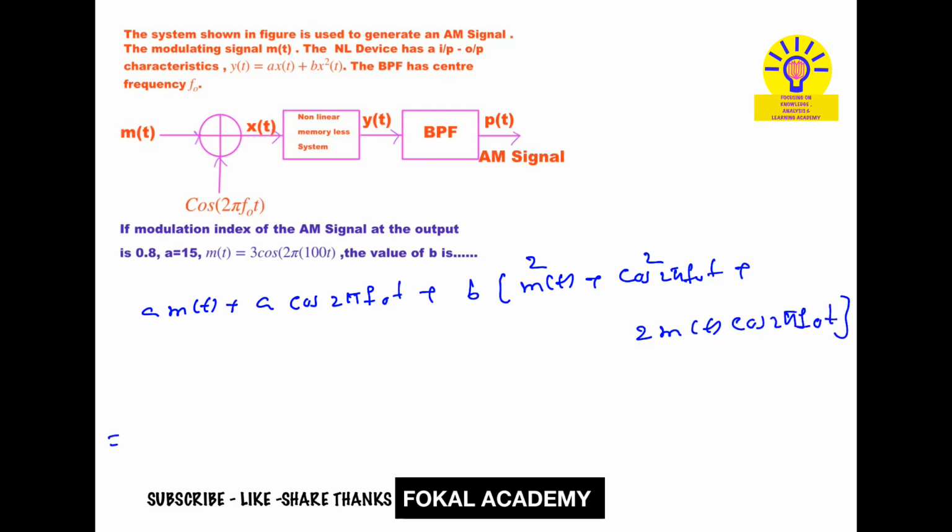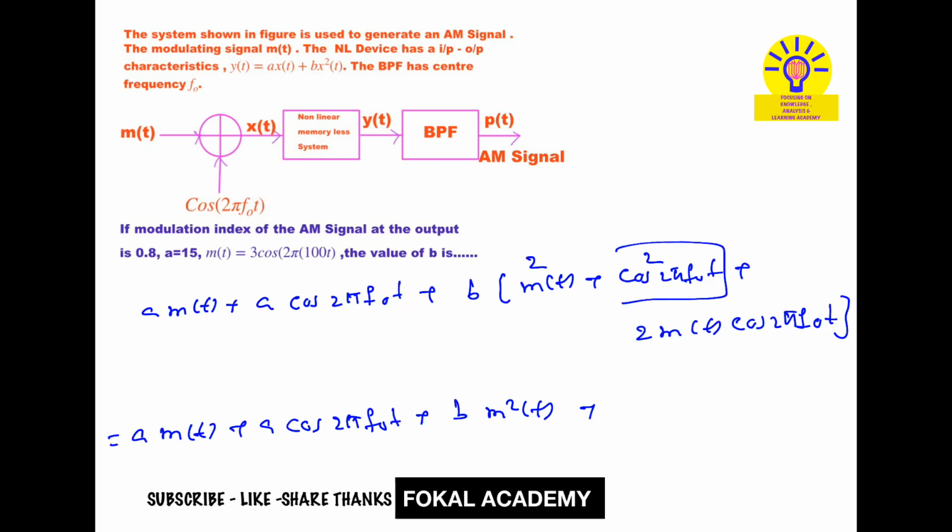Simplifying further, we get a·m(t) + a·cos(2πf₀t) + b·m²(t) + this term, which is cos²θ. This can be written as (1 + cos 2θ)/2, where θ is 2πf₀t.